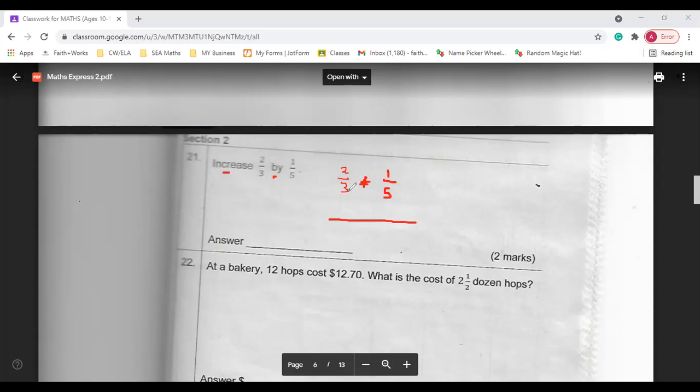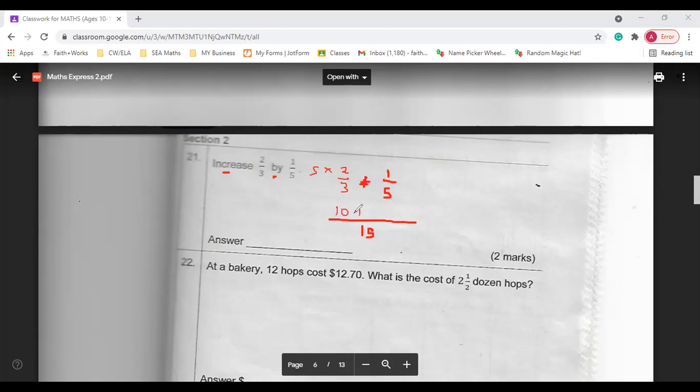I like the LCD method, so the lowest common denominator would be 15 here. 3 into 15 is 5. 5 by 2 will give us 10.